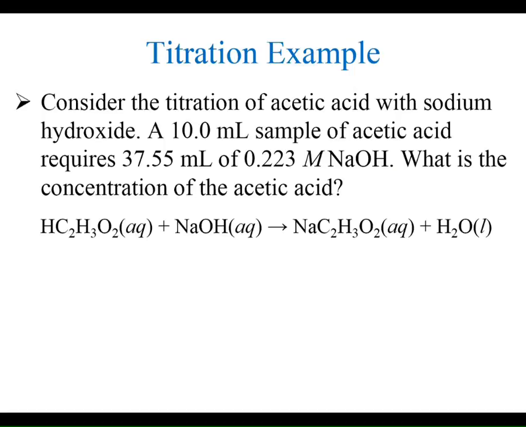So let me show you that in a calculation. Let's say we took 10 milliliters of acetic acid. I don't know what the concentration is. And I add to that 37.55 milliliters of 0.223 molar NaOH. What's the concentration of the acid? It's just like problems we were doing a chapter or two ago.